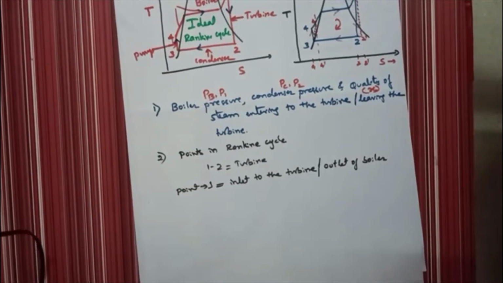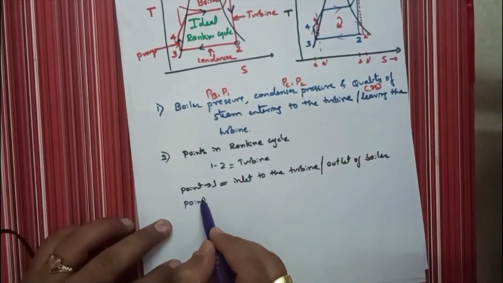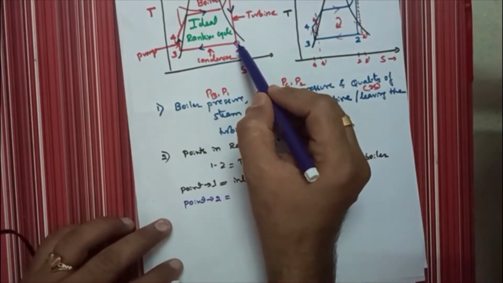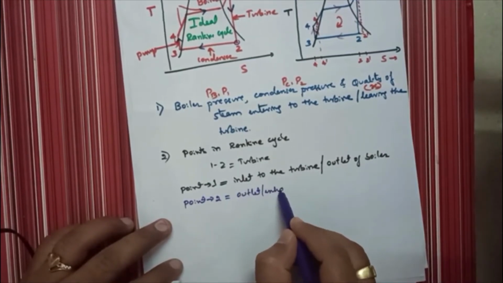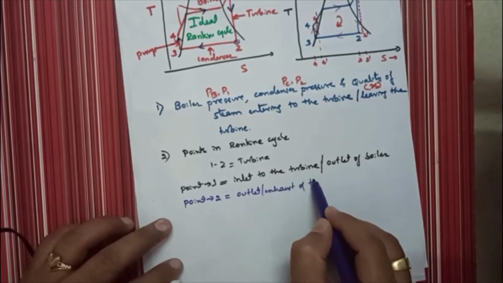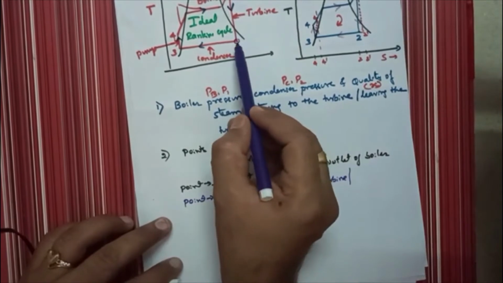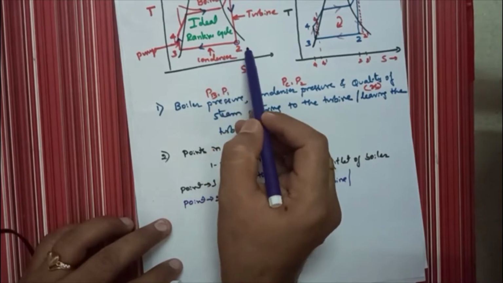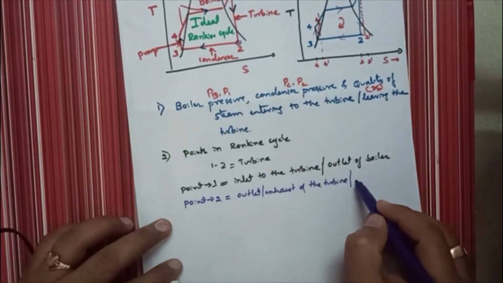Similarly, point number 2 is here. Point 2 is the exhaust or outlet of the turbine, and it also becomes the inlet to the condenser, because 2 to 3 is the condenser part.